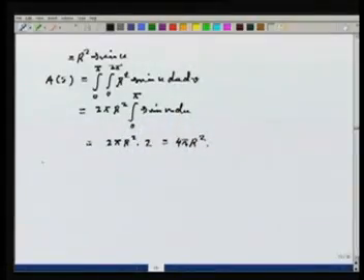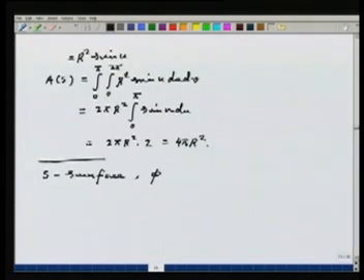Now after this I am going to define surface integral of functions. So suppose S is a surface, let us say it is given by the parametric representation phi.